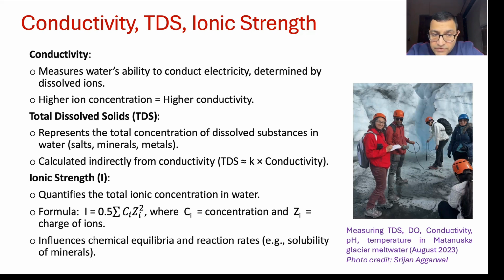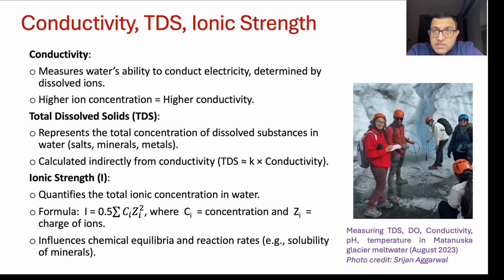The difference between conductivity and ionic strength is that ionic strength you can calculate mathematically knowing the concentrations of different ions, but it's slightly different from conductivity because conductivity depends on both the ionic strength and ionic mobility.